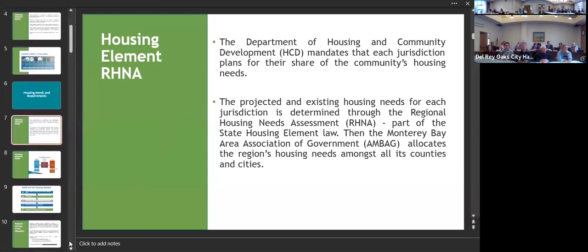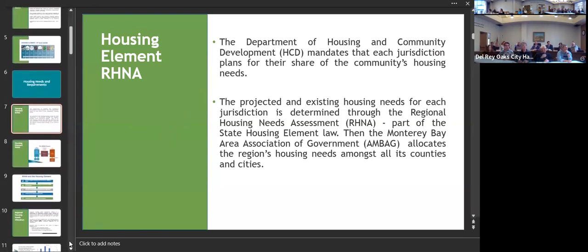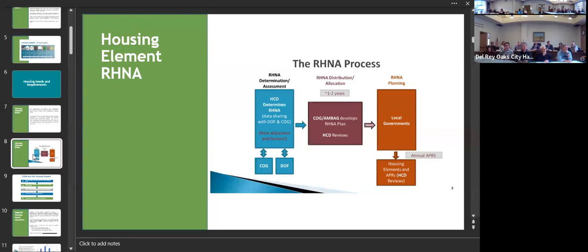The share is developed by a projection driven through the state housing element law and the Association of Monterey Bay Area Governments. The state hands that down, and then AMBAG will distribute that among the different jurisdictions based upon population, etc. So there's a process of how that happens.